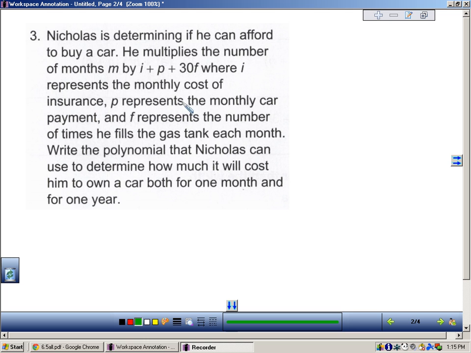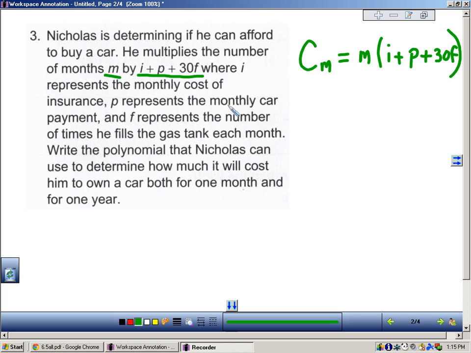So the cost to own a car. Let's just call that cost to own a car for a month determined by this expression: M times I plus P plus 30F. Now, that's what it says. He multiplies M by this expression.